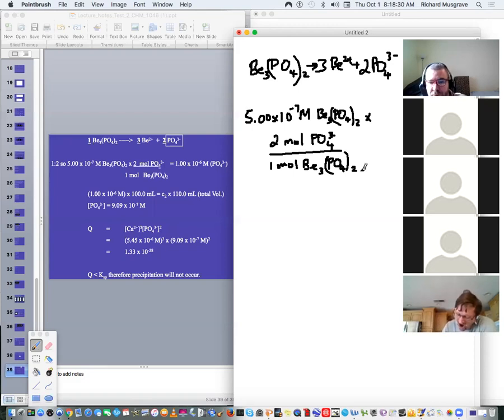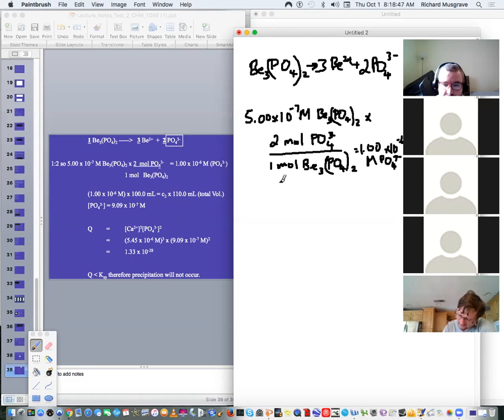So we get 2 phosphates for every 1 mole. We have to take account of that. That came out to be 1.00 times 10 to the negative 6 molar, and that's for phosphate, PO4 3 minus.